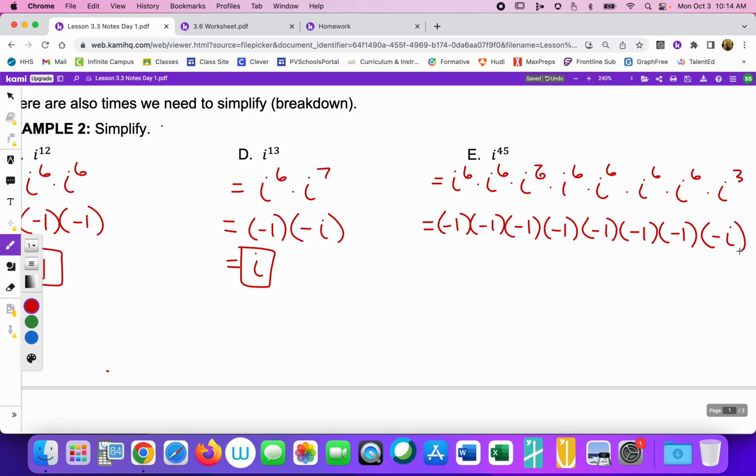Again, all of these answers with the larger exponent should either be a 1, a negative 1, a positive i, or a negative i. What's this one? There's an i there, so there's definitely an i involved. Is it a positive or negative?